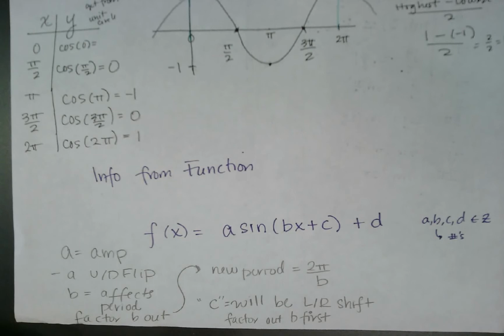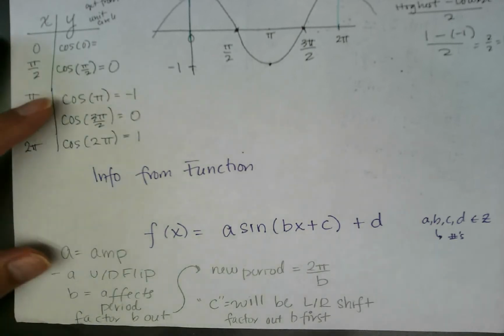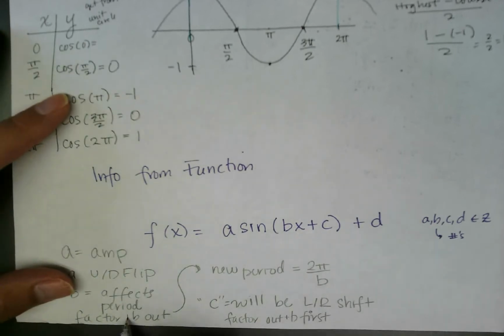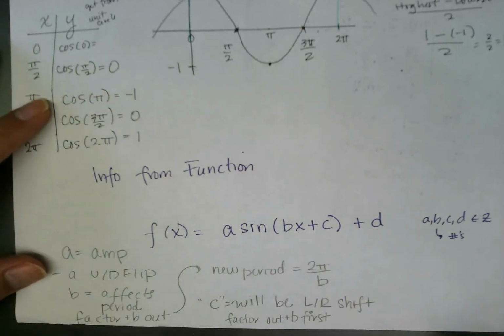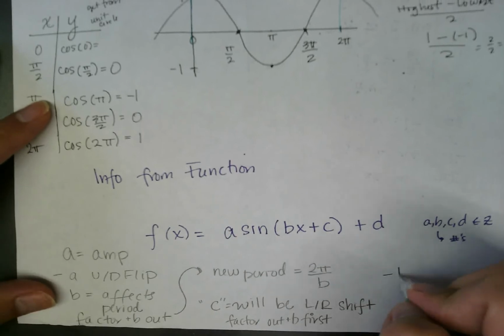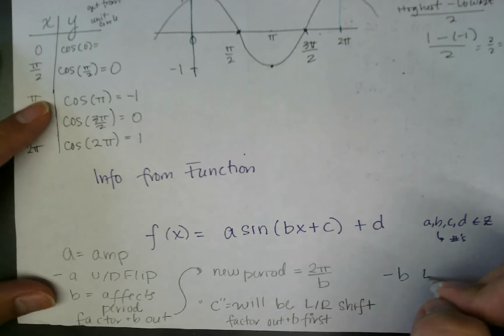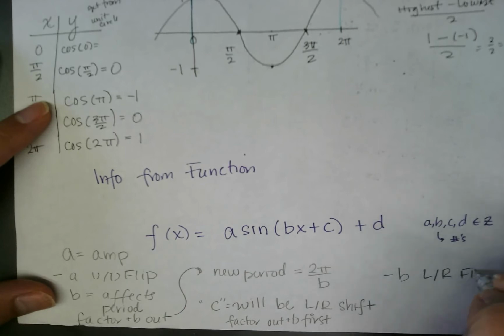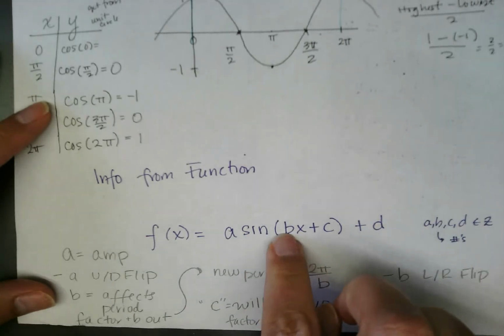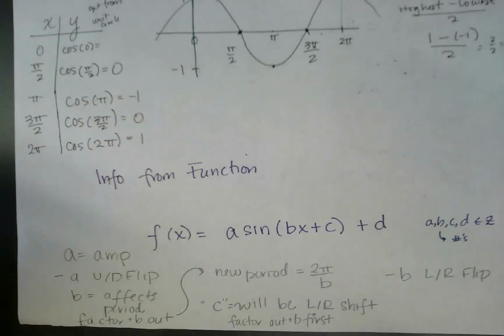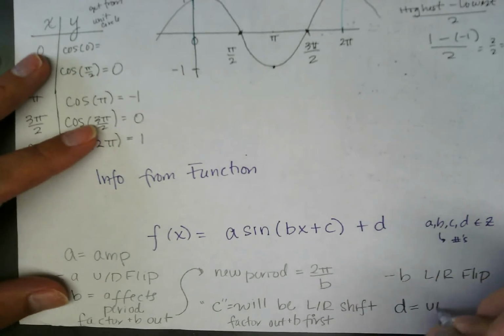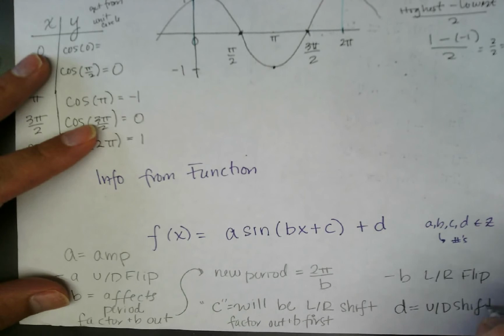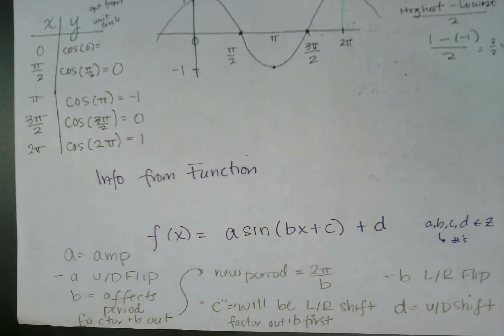I'm going to factor out a positive B, because if you had a negative B, that would be a left-right flip. So you already know that a negative in front of the x is a left-right flip, but we're only going to factor out positives. I know it's kind of confusing right now, but I'm getting all the information down. And then finally, your D will equal your up-down shift.